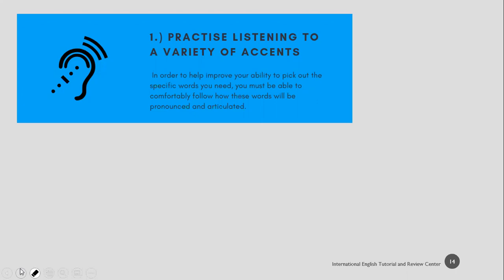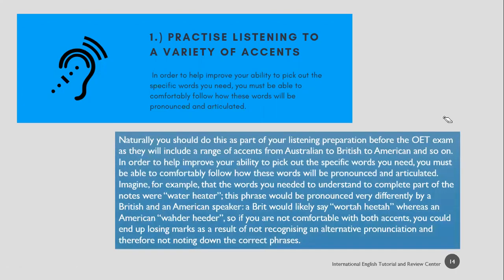Okay, so let's say in American English, they would say "water heater", but the Brits would say "water heater" differently. Do you have water heater? So it's different.